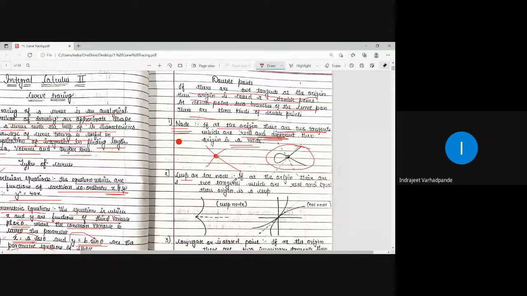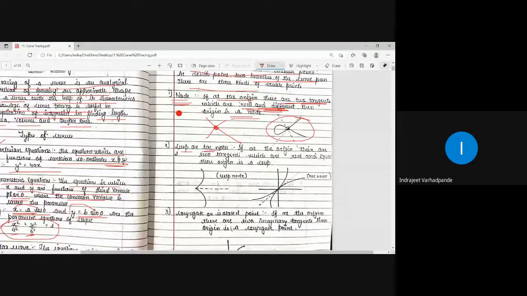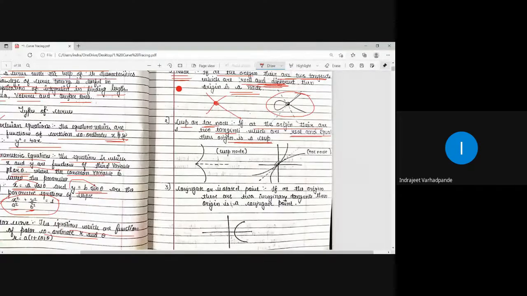Cusp, or which is also called as tack node, if at the origin there are two tangents which are real and equal. In the first case they were real and different, now they are real and equal. In that case we say that it is a cusp.